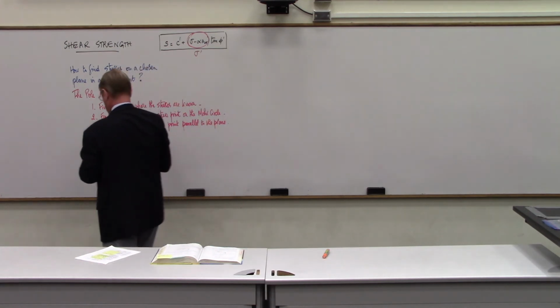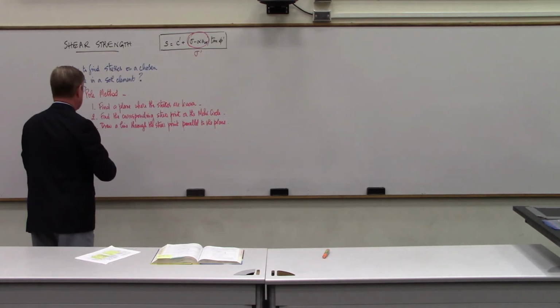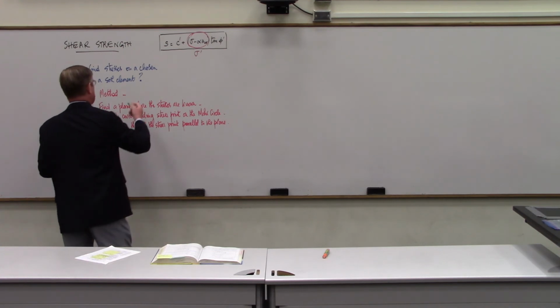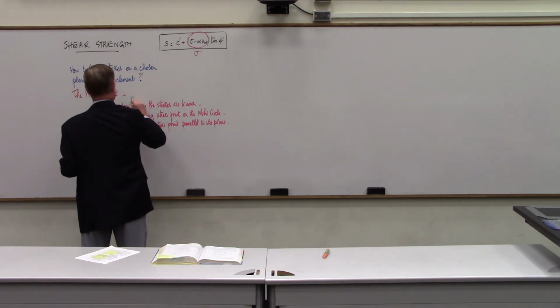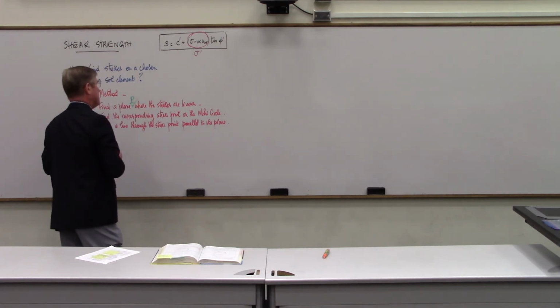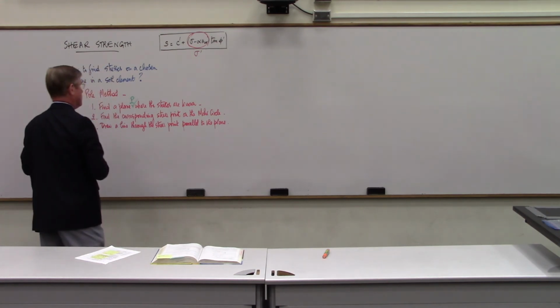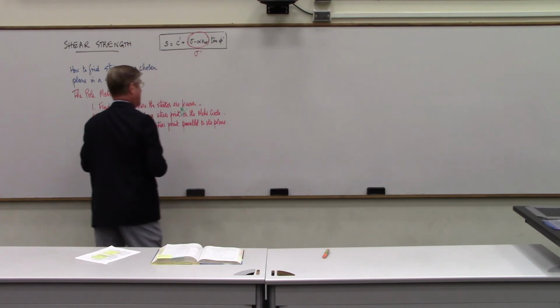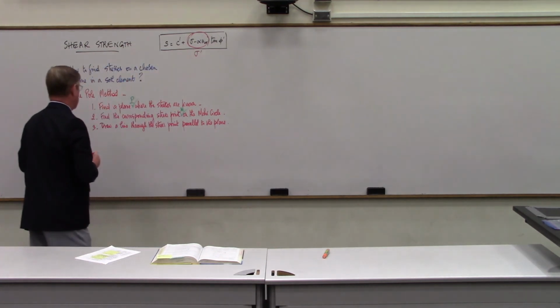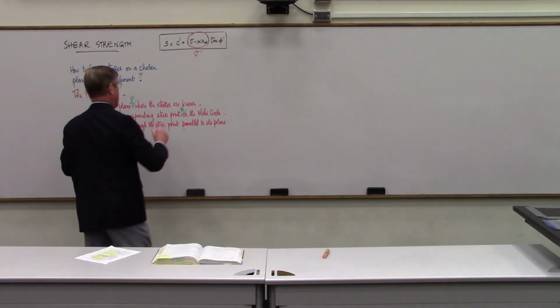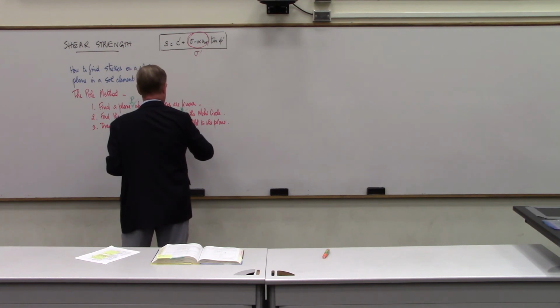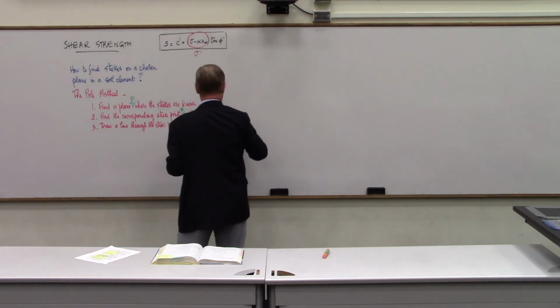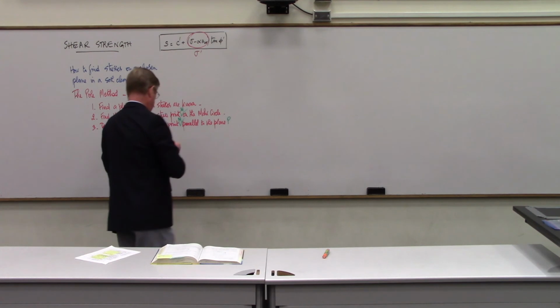So I'm going to give that plane a name, we'll call it P. All right, plane P, where the stresses are known. Find the corresponding stress point M on the Mohr circle. Draw a line through the stress point M parallel to the plane P. Okay.